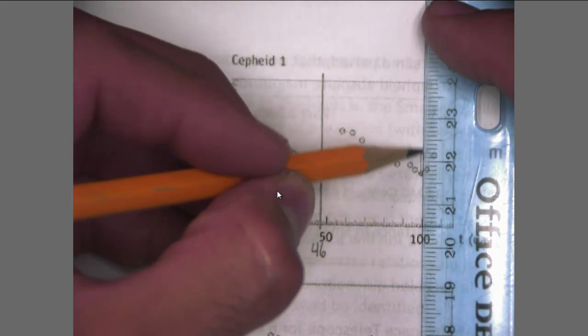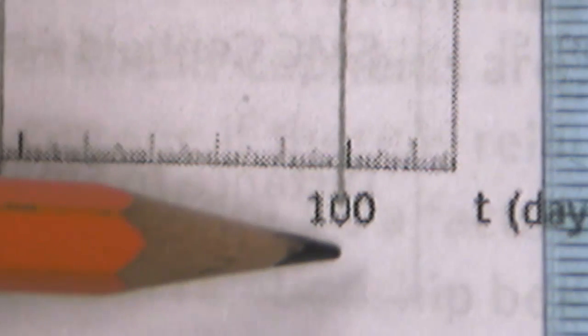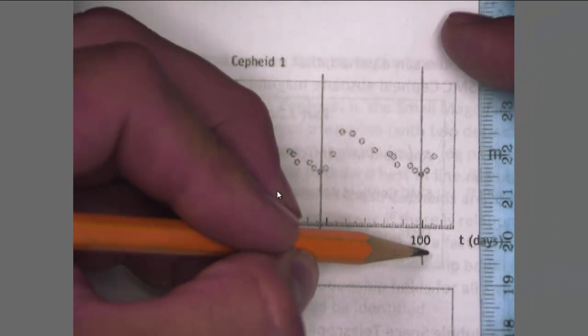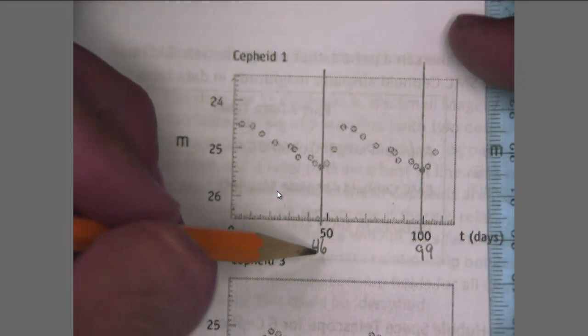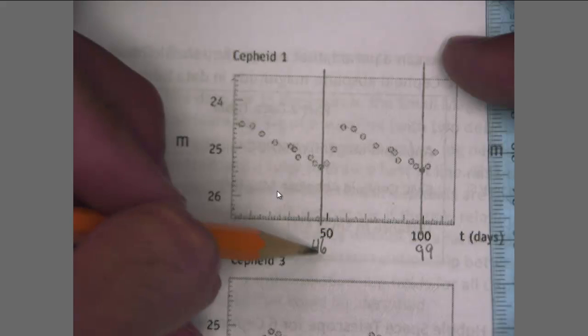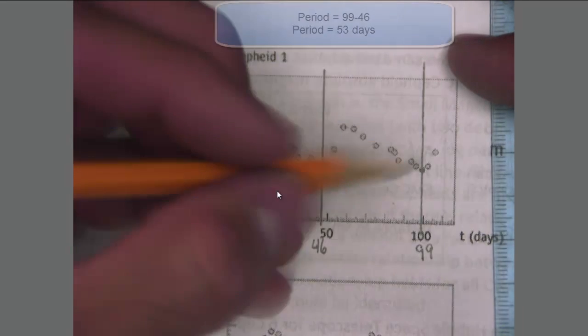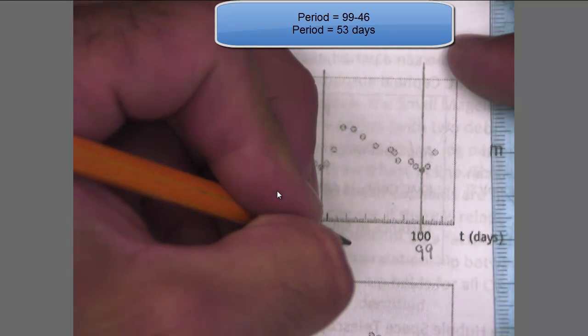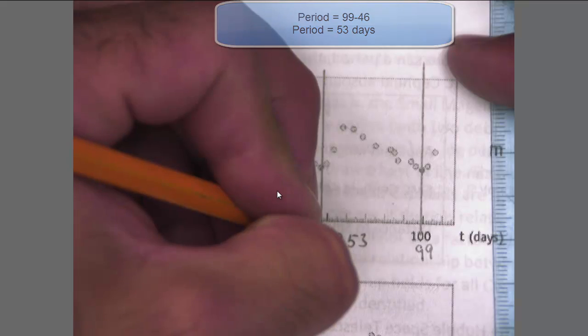Draw your vertical line. Doesn't quite look like it's 100, so we'll call that 99. So that means the period for this is the time it takes in days to go from 46 days to 99. All right, so we've got a period of 53 days. That's the period.